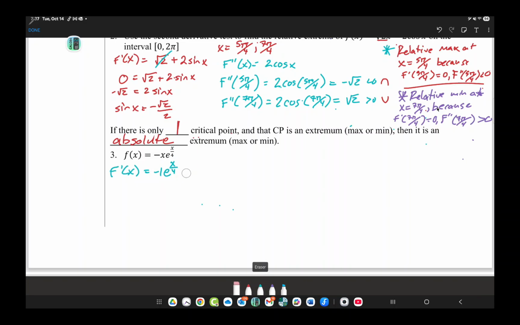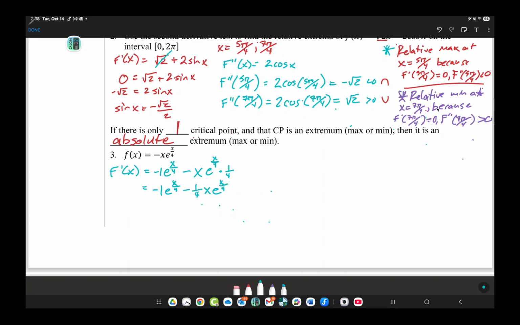So we'll go ahead and just put minus x. The derivative of e to the x over 4 is e to the x over 4 times 1/4. So if you want to write that as negative 1 e to the x over 4 minus 1/4 x e to the x over 4.